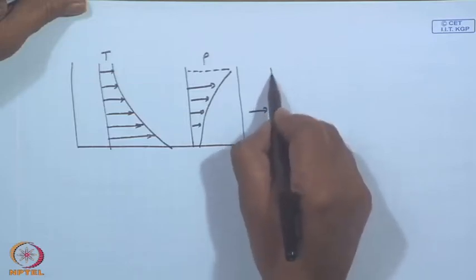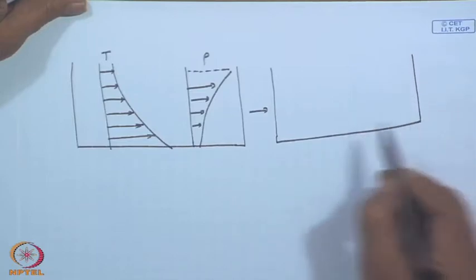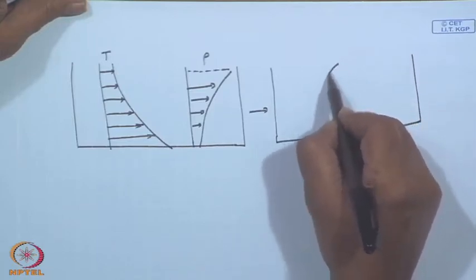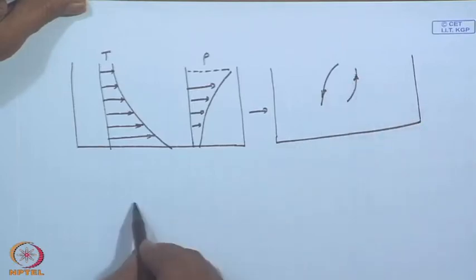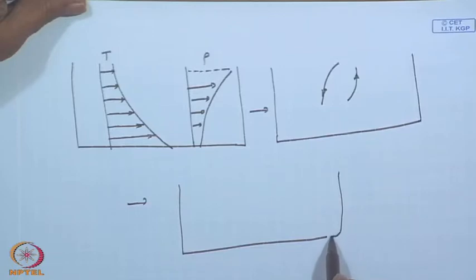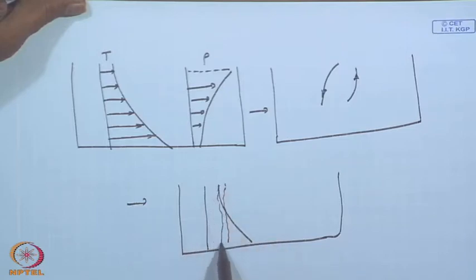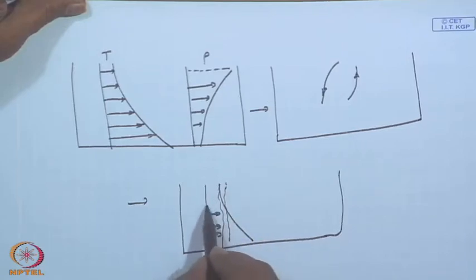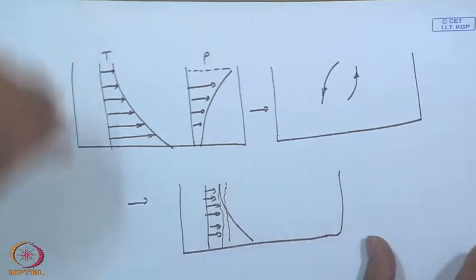This leads to cooler, denser fluid coming down and hotter, lighter fluid going up, leading to a more or less this initial temperature will become something like this. In fact, it does not increase, it will only become this much. Right, that is what is happening in the natural lakes.